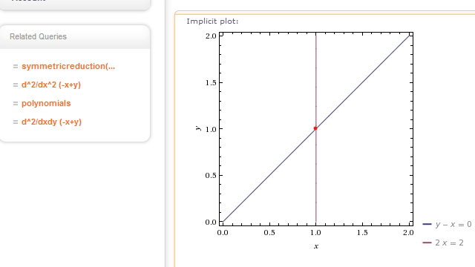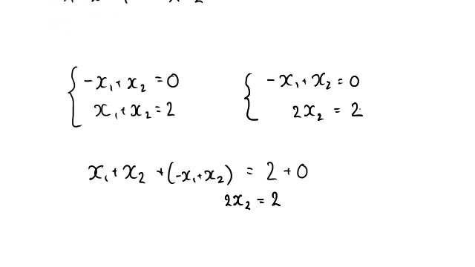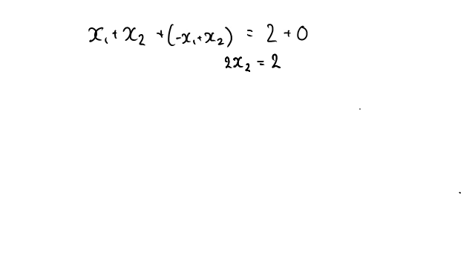Here is a graph of the equations in the second system, but the solution has not changed. And once I've transformed the system into the second one, it's now very simple to solve. Once I know that x2 is 1, I can use that in my first equation to conclude that x1 must be 1 as well. So we use this trick to eliminate x1 in the second equation.